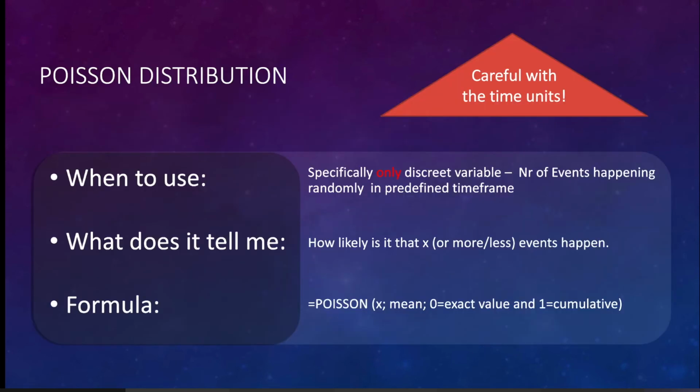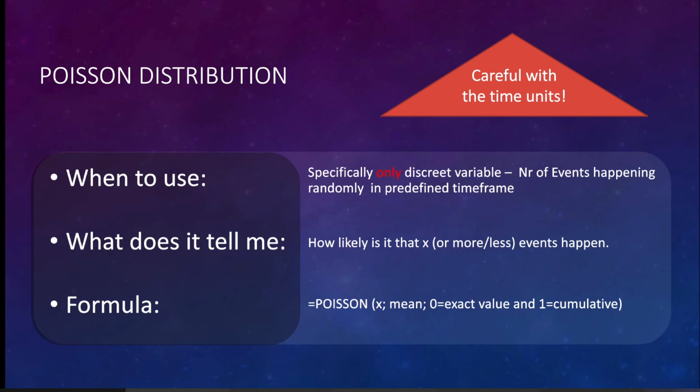Let's start with the Poisson distribution, one that we have new this semester. Specifically, when to use it: we only use it with discrete variables. We use it to predict the number of events that happen within a predefined time frame.